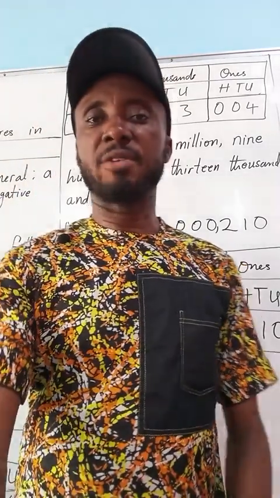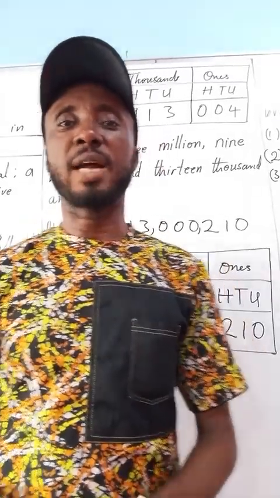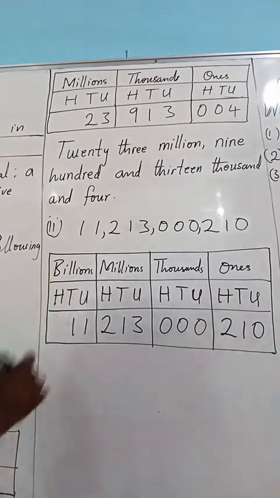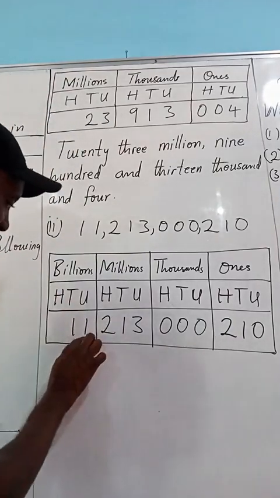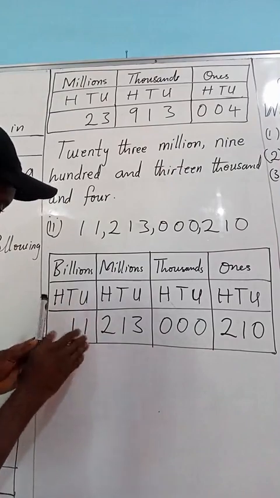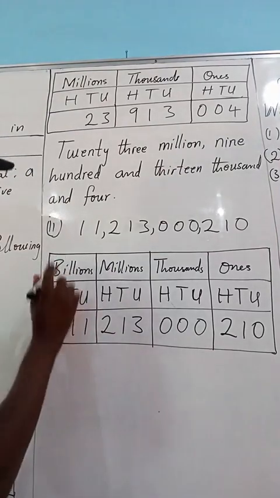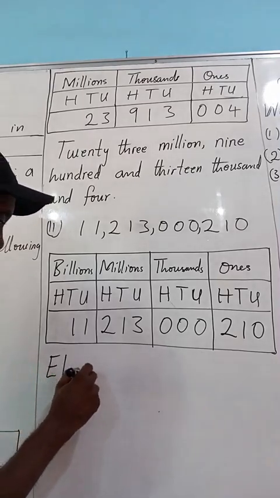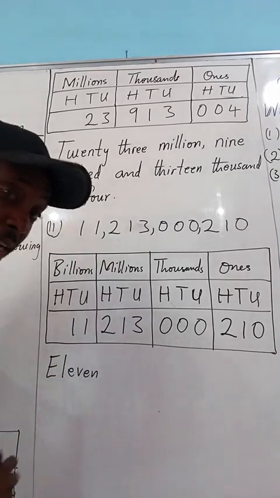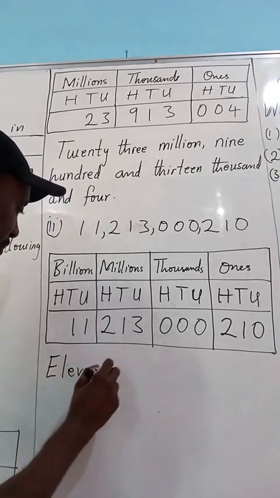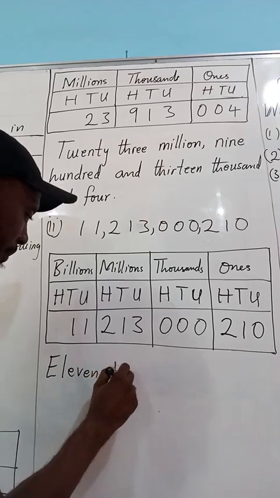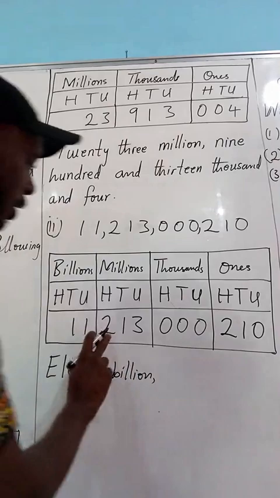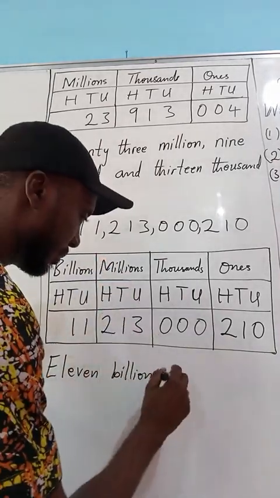Now you can write this figure in words, starting from here. You know that this is 11. What is in this box is 11. So we have 11 billion. You start every sentence you are writing with a capital letter. 11 billion, comma, 213 million.